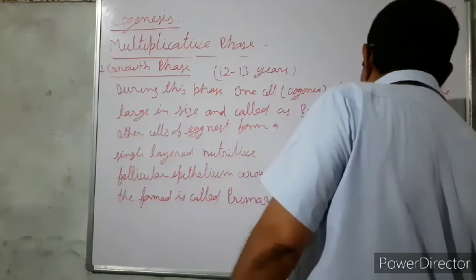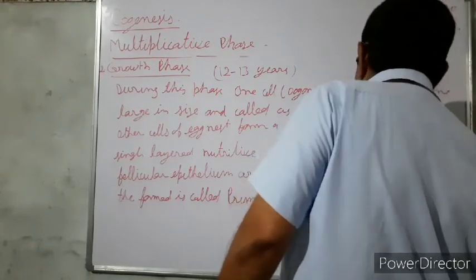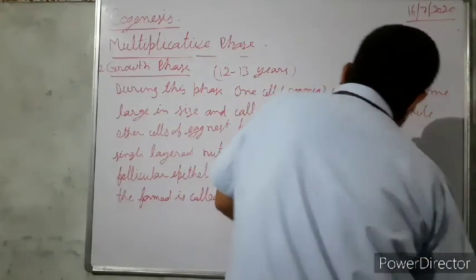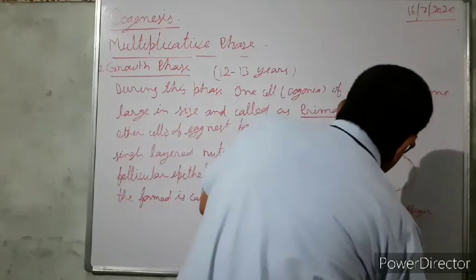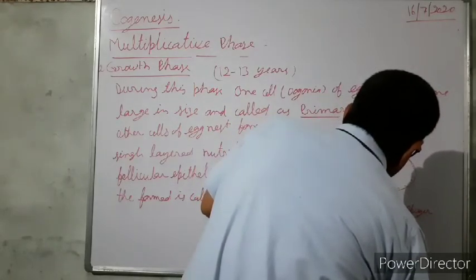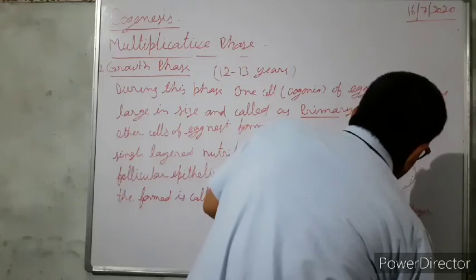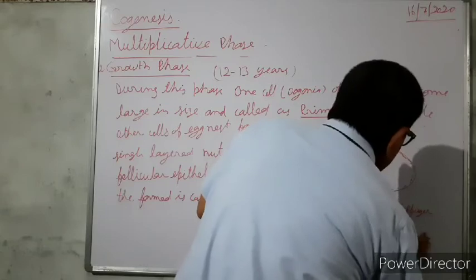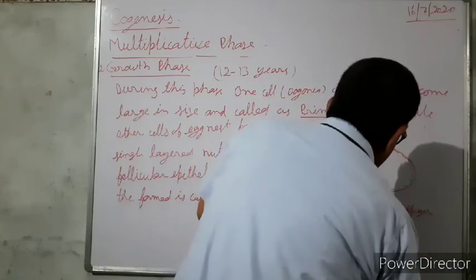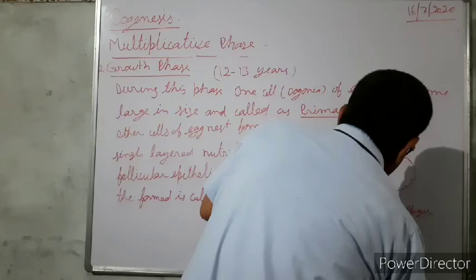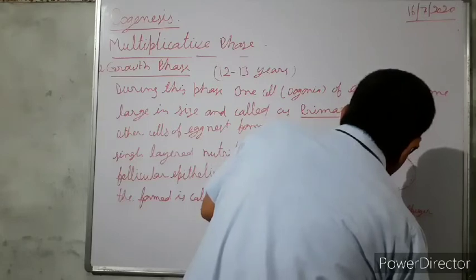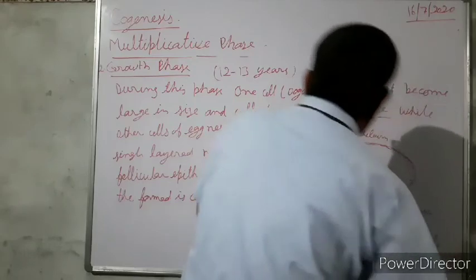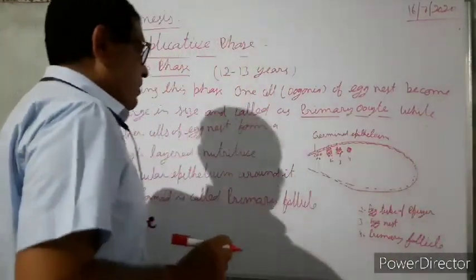This is the fourth structure, and it is called the primary follicle.